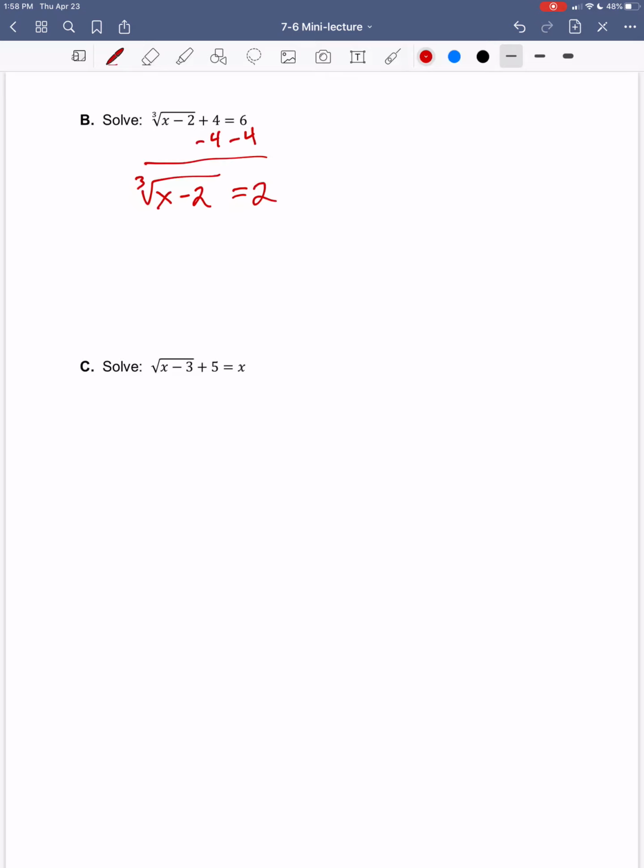Okay, and now I can take both sides to the third power. When I cube a cube root, as long as the power and the index are the same, that cancels out. And so I get x equals 10.